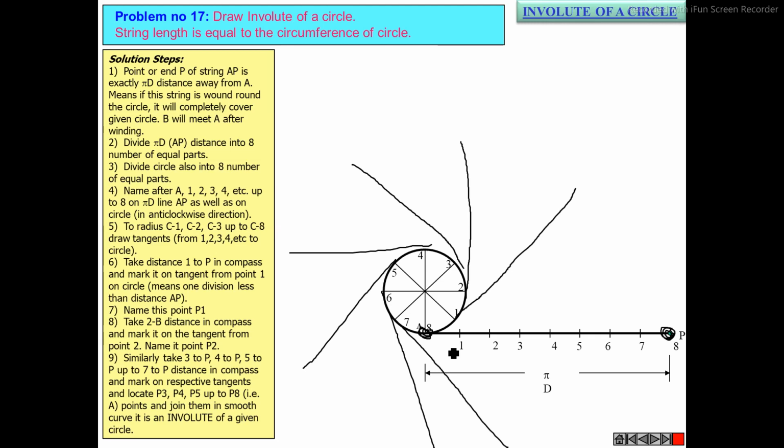Because on these infinitely long tangent lines, the remaining locus points of the involute will lie. Clear?